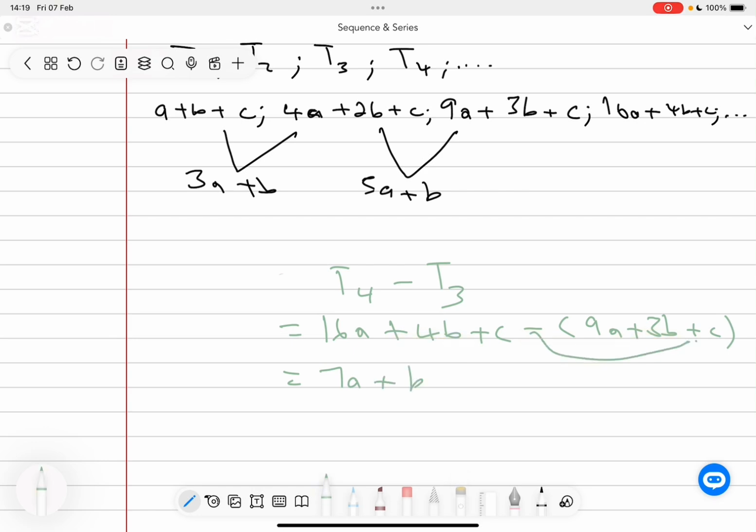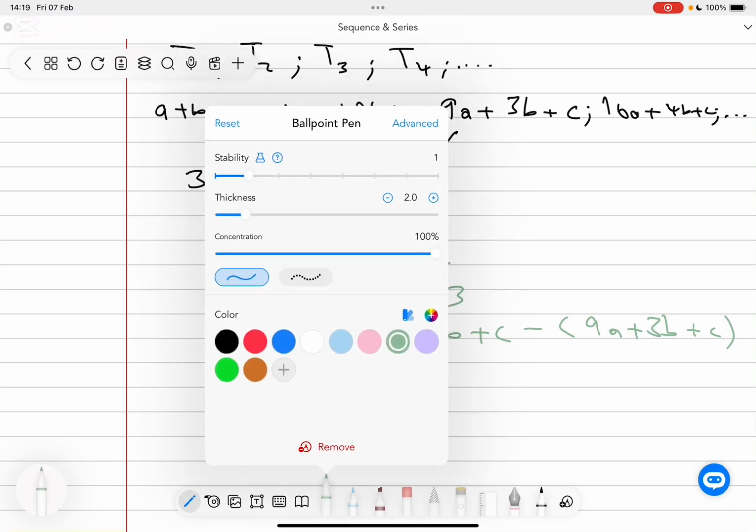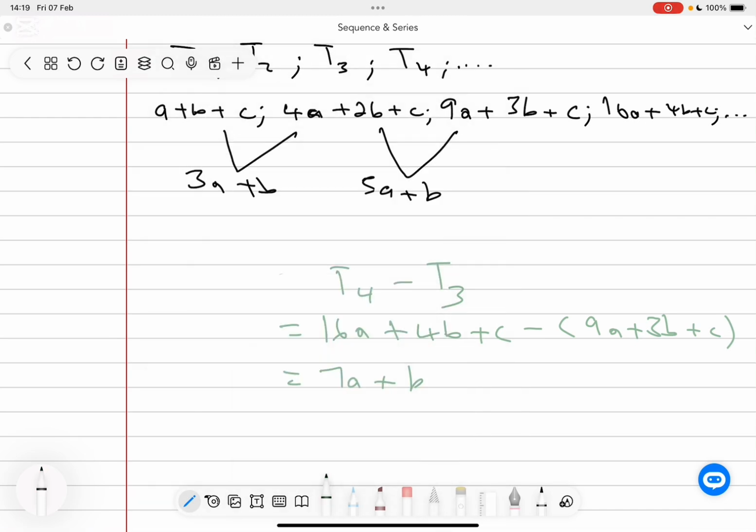And then this would be a negative c as well, so that c minus c is going to be just 0, and then we have a plus 0 there. This means now that the difference that we come up with between term 3 and 4 would be given by 7a plus b.